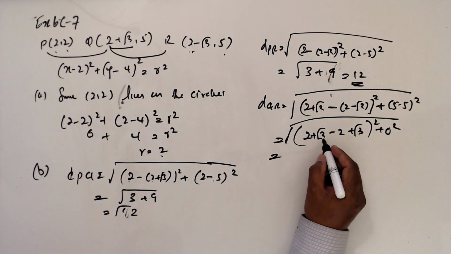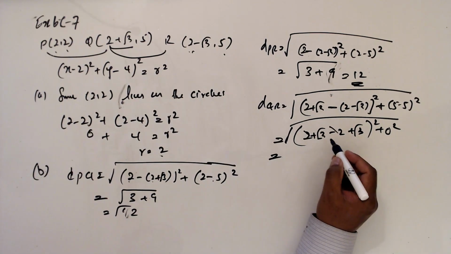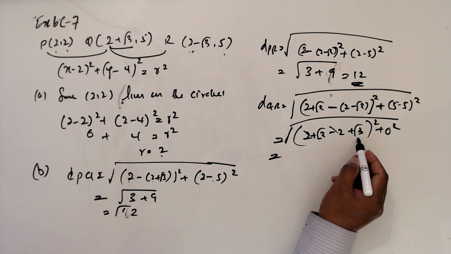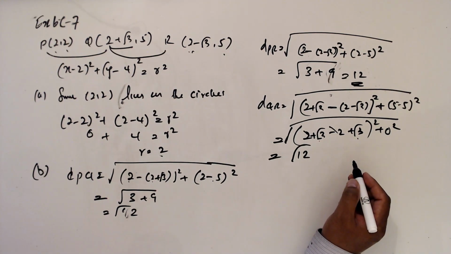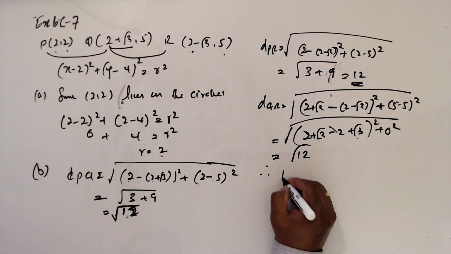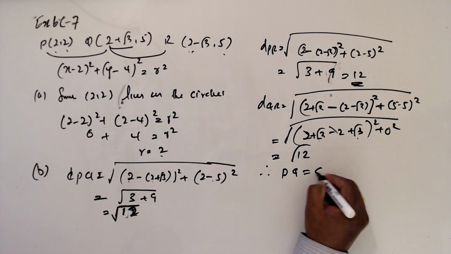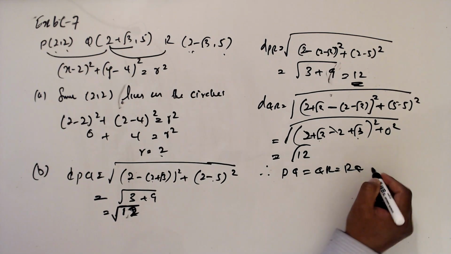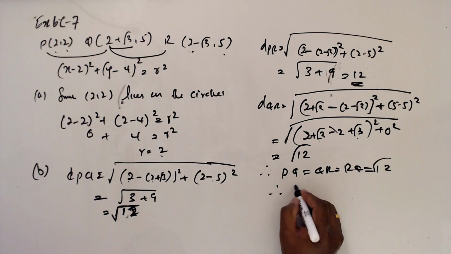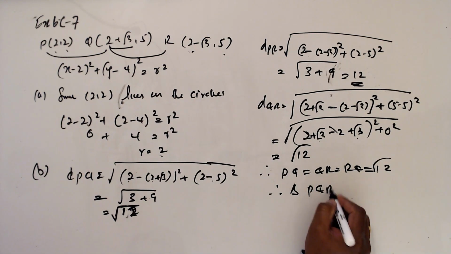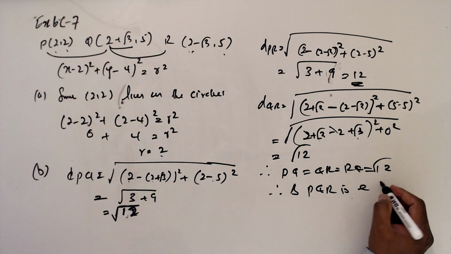Now the 2s cancel out. 2 square root 3, that means 4 times 3, that is 12. Hence PQ distance equal QR distance equal RP distance equal square root 12. Hence triangle PQR is equilateral.